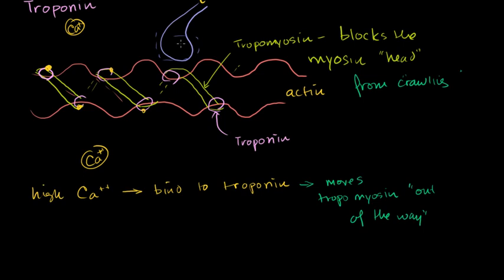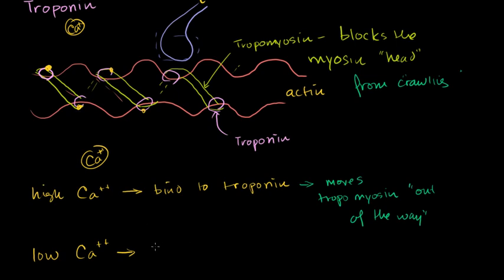So when you have a high calcium concentration, it bonds to troponin and moves tropomyosin out of the way. Then all of a sudden, what we talked about in the last video, these guys can start walking up the actin, or pushing the actin to the right, however you want to view it. But if the calcium concentration goes low, then the calciums get released from the troponin. You need to have enough to always hang around here. If the concentration becomes really low, these guys will start to leave.